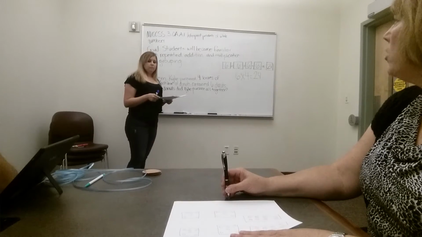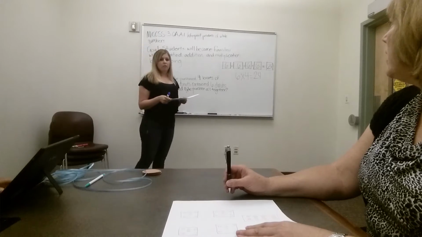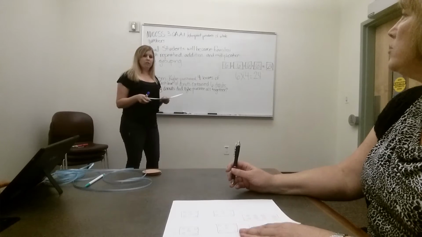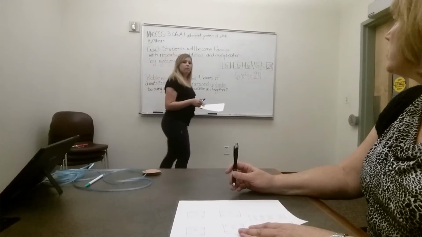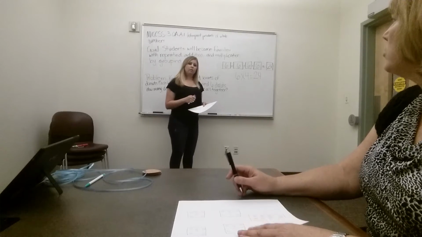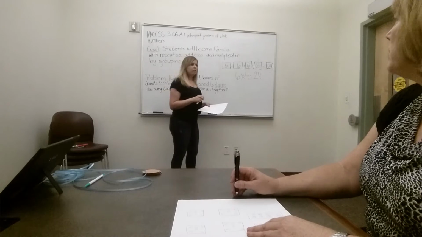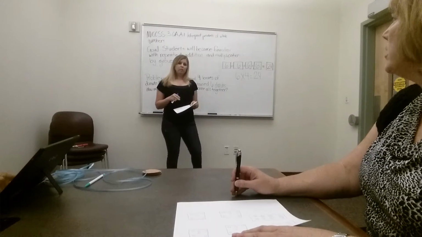And I used 24 as the total, the sum. And in the second equation, I used a 6, and then a times sign because I was multiplying times the number of boxes. I did 6 donuts times the 4, that was the number of boxes, and then equals my total.